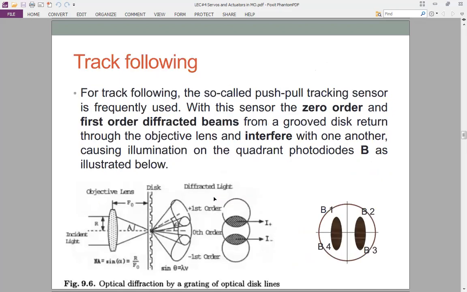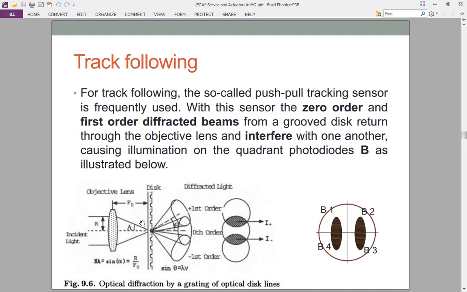So now we are on to the track following. Remember, we had explained that there are two photodiodes. We have the focus servo photodiode, and we have the tracking photodiodes, which are photodiode A and photodiode B. Now, for the tracking, the beam that is coming from the objective lens is diffracted by the optical disc.